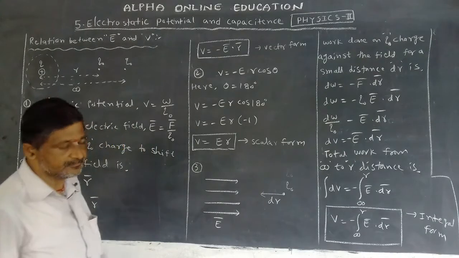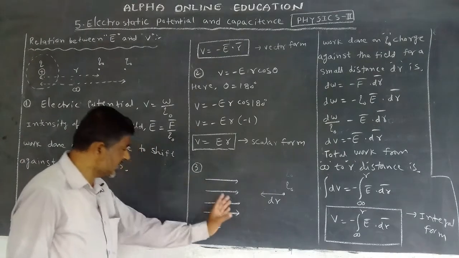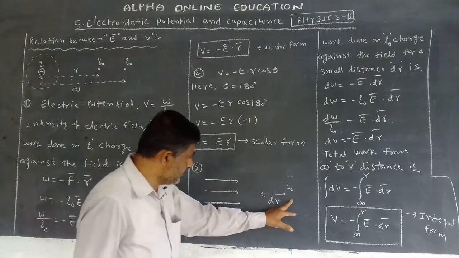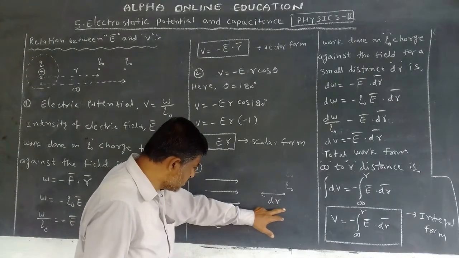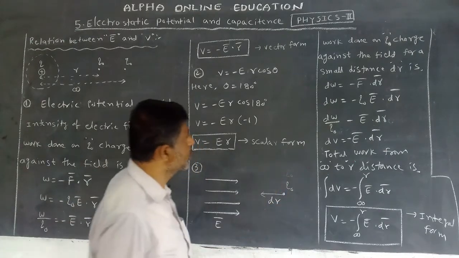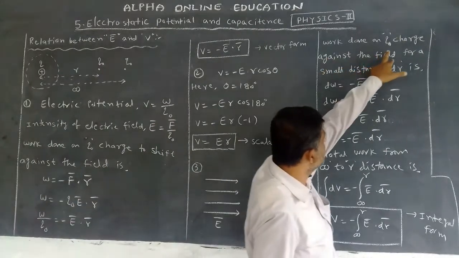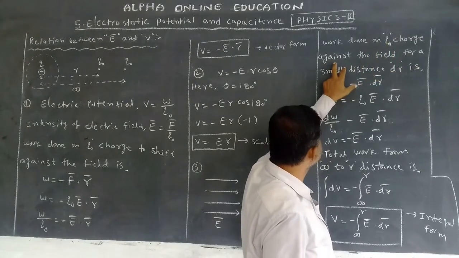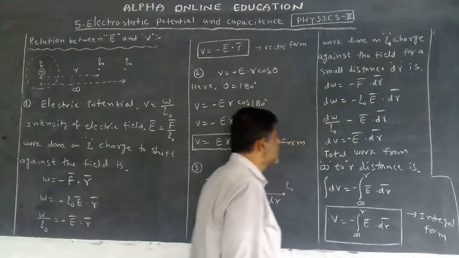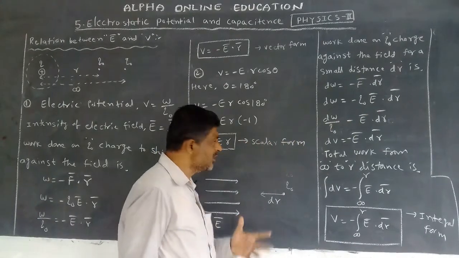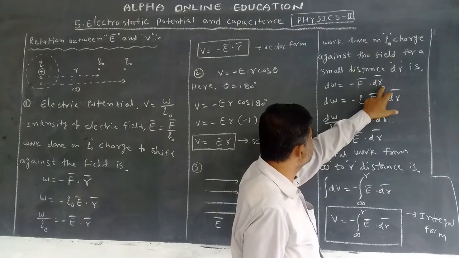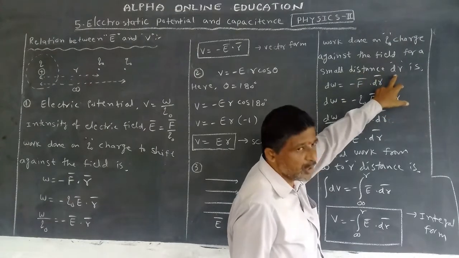Next, the third one. This is the electric field in this direction. Here a unit positive charge is there. Now we are shifting it again against the field up to a distance dr. So the work done on Q0 charge against the field for a small distance dr is, we know that work is equal to force into displacement, but the distance is very small.